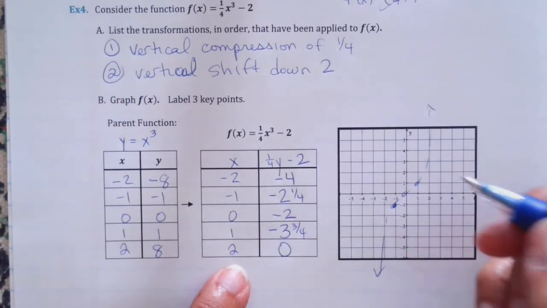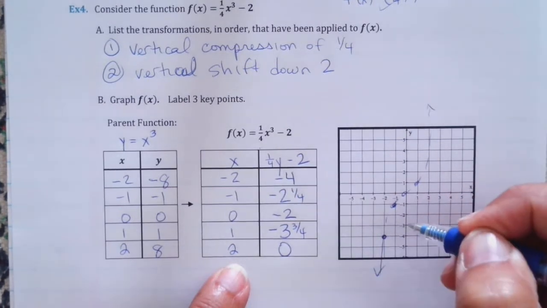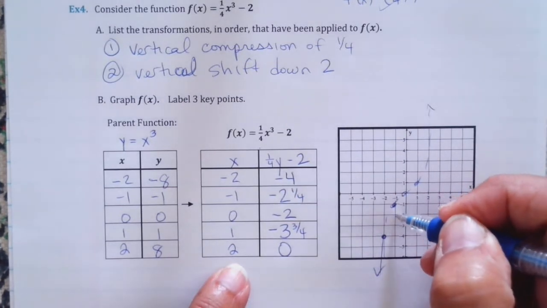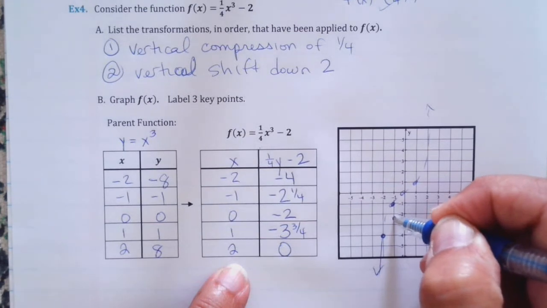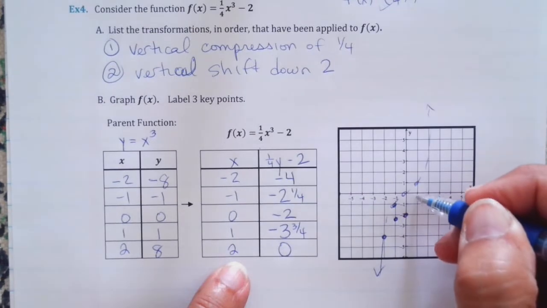All right, so let's plot those points. -2, -4. -1, -2 1/4 is about there. 0, -2.